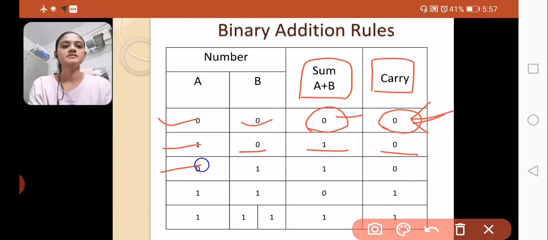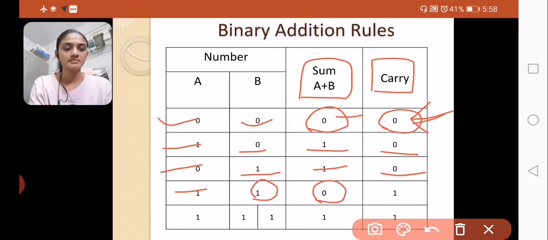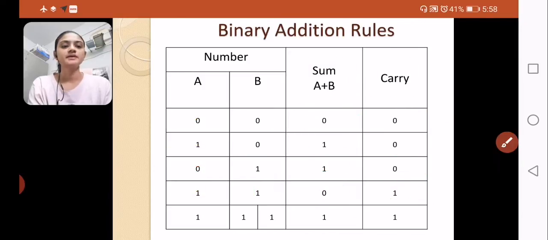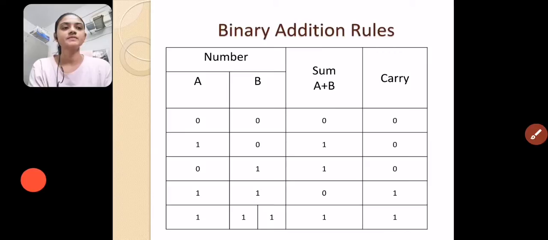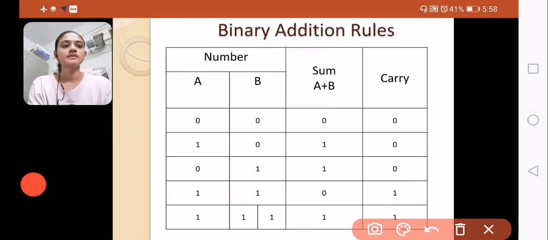Next case 0 plus 1, that will give sum 1 and carry 0. Next 1 plus 1, so that will give sum as 0 but carry as 1. You have to remember this when 1 plus 1 is there: sum will be 0 and carry will be 1.